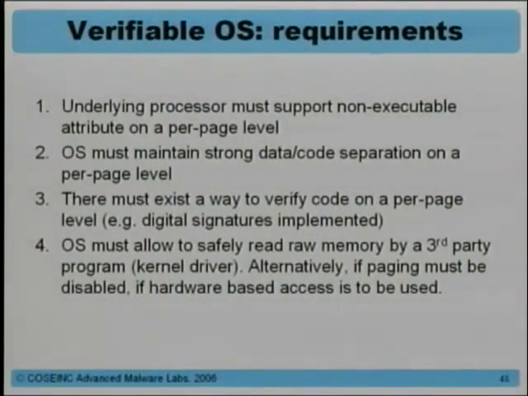So the complete requirements for the operating system would be, there would be 4 requirements actually. The first would be that the underlying processor must support a non-executable attribute on a per page level, for example, AMD 64. Second, the operating system must maintain strong data-code separation on page level.